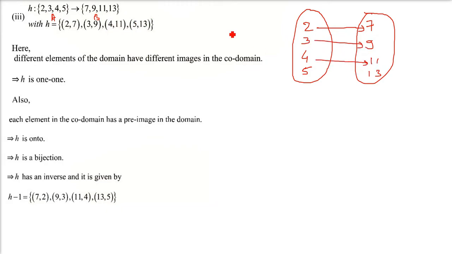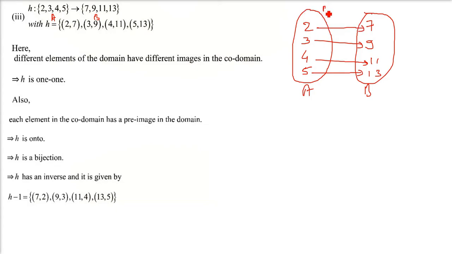So this is the perfect example of 1 to 1, that is injectivity, and surjectivity also, because there is no element remaining in the set B which is not mapped to any element in set A. Classic example of 1 to 1 and onto.